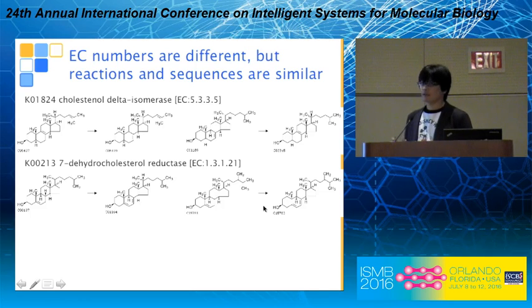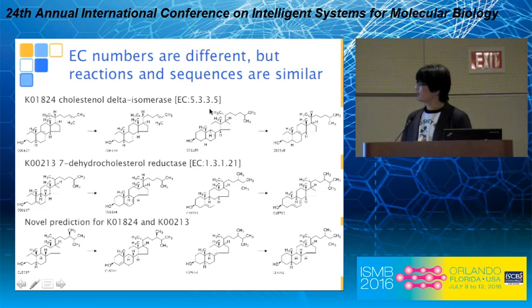And in fact, our method has the ability to make novel predictions, and the novel predictions made for this ortholog and this ortholog were identical. I think that is very natural because the substrates are very similar to each other, and not only that, the chemical transformation patterns are also similar to each other, as indicated in the red parts.